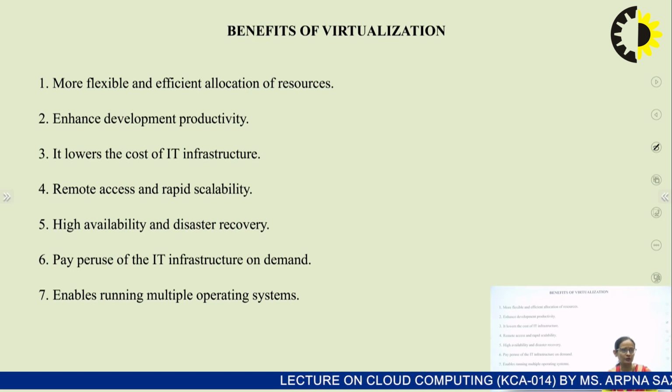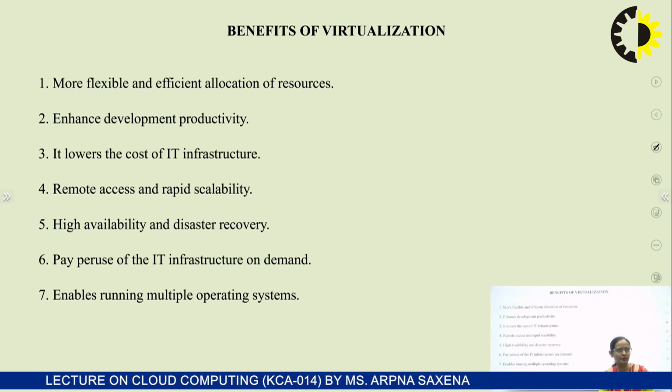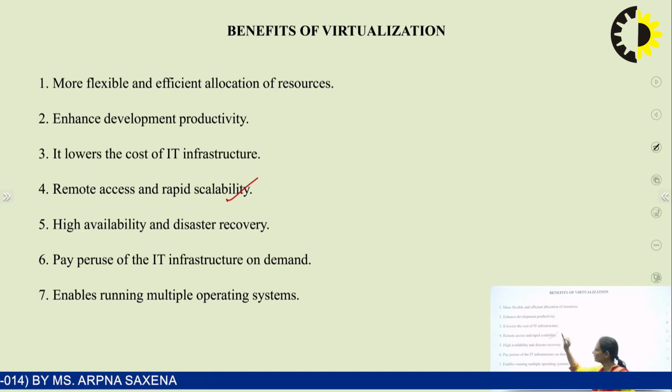It lowers the cost of IT infrastructure, because we have only a limited resource, but this limited resource supports multiple users with the help of different virtual machines. It also provides remote access, and rapid scalability is very easy. How?